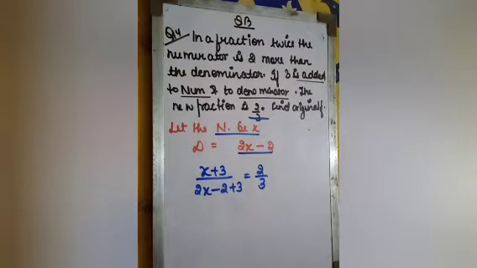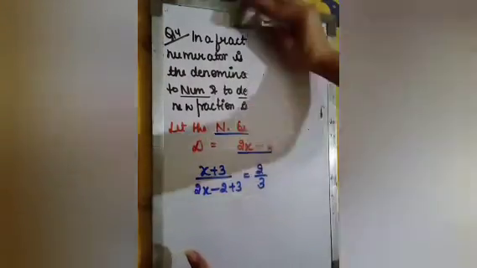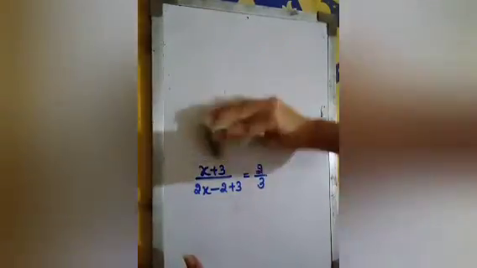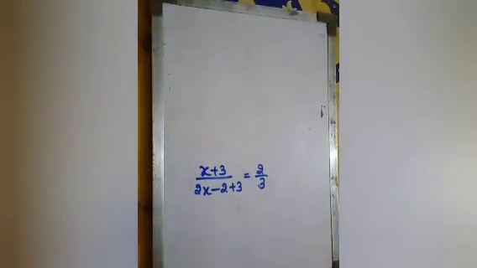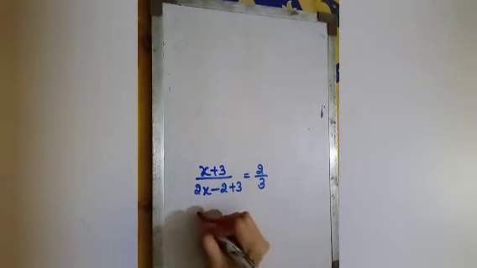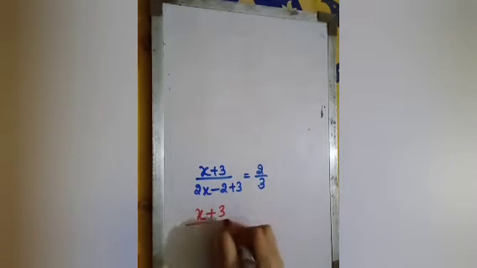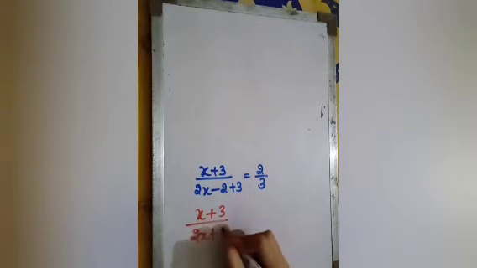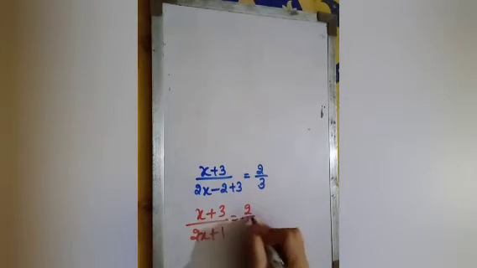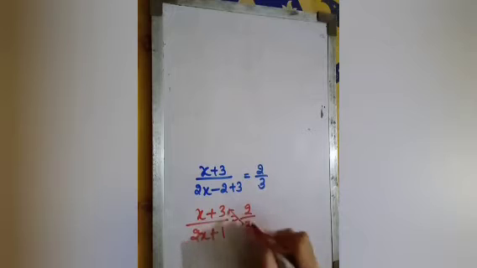Okay, now this is your equation. You have to solve it. I am now removing the question because I do not have a space. Now see, this is your equation. It is x plus 3 upon 2x minus 2 plus 3, that is 2x plus 1, equals 2/3. Now cross multiply them.